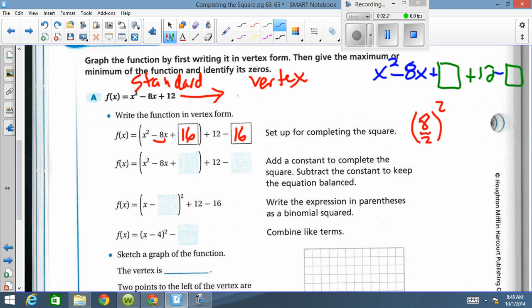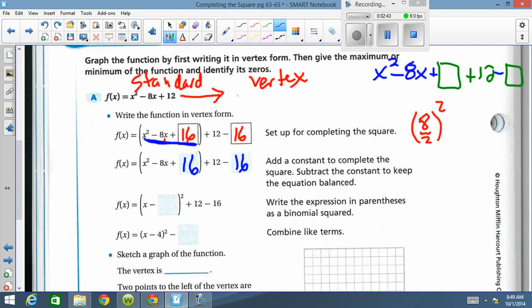The reason that I add that number is because this I know now to be a perfect square trinomial. It seems like we have the same step here, but I'll just repeat this down.